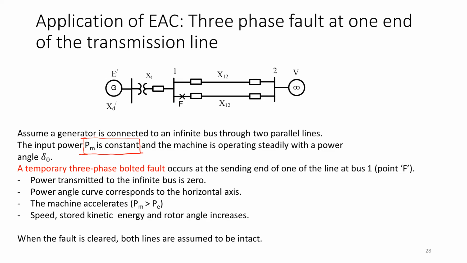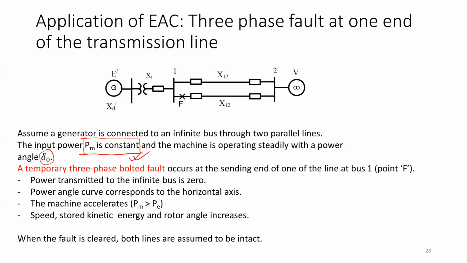But now we will assume that throughout our analysis, my PM will be constant. That is, there will be no change from the input side. So this is done. And the machine is operating steadily with a power angle delta naught. That is fine. Every time we start, we have to assume that the machine is operating at steady-state stability.